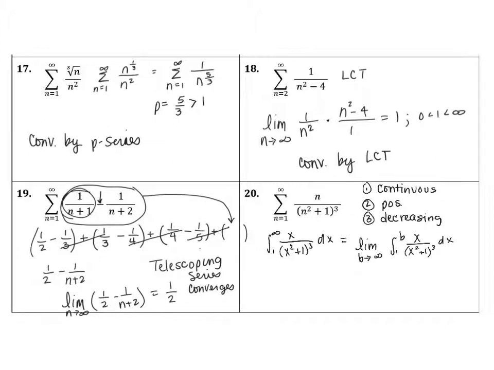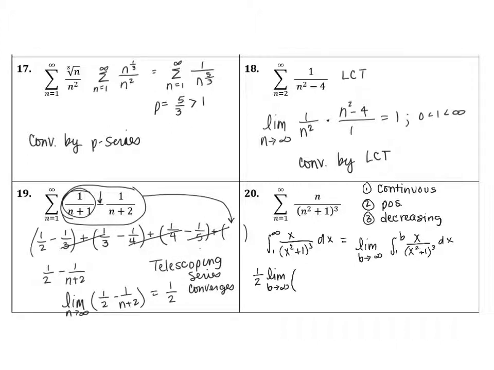Notice the derivative of the bottom is 2x. So we need to balance that out. If we solved it, you would end up with a 1/2 that gets thrown out front. So I'm going to have 1/2 times the limit as b approaches infinity of, and we already know the derivative of the bottom in our u-sub.